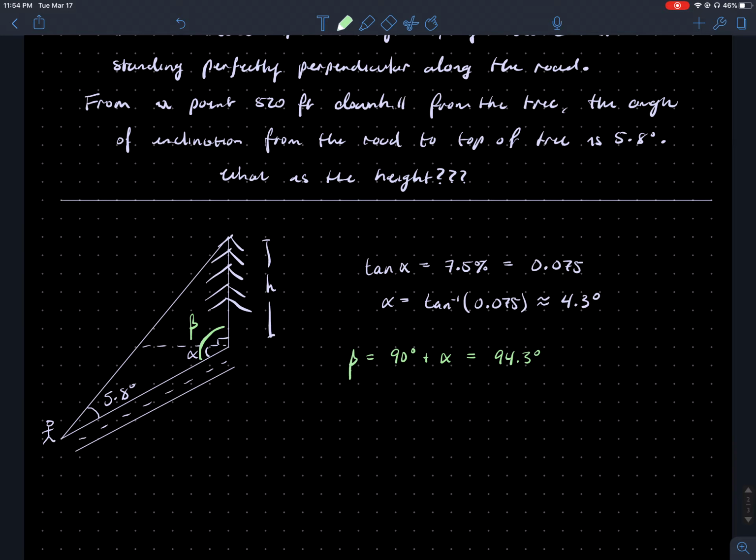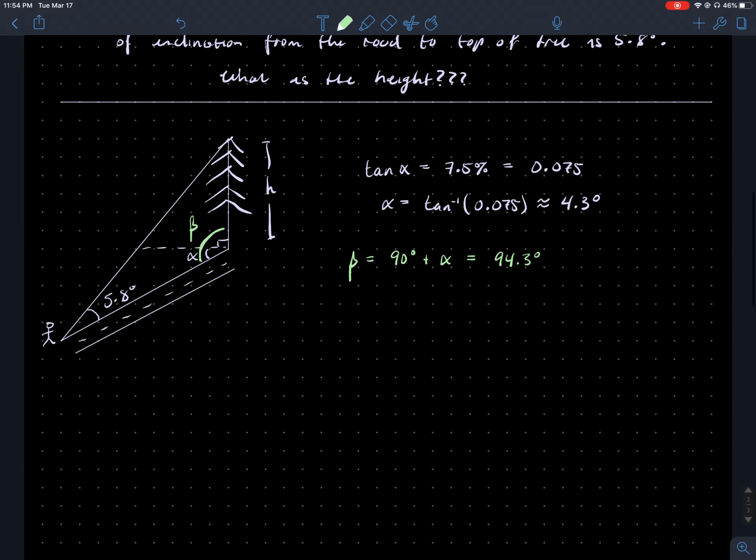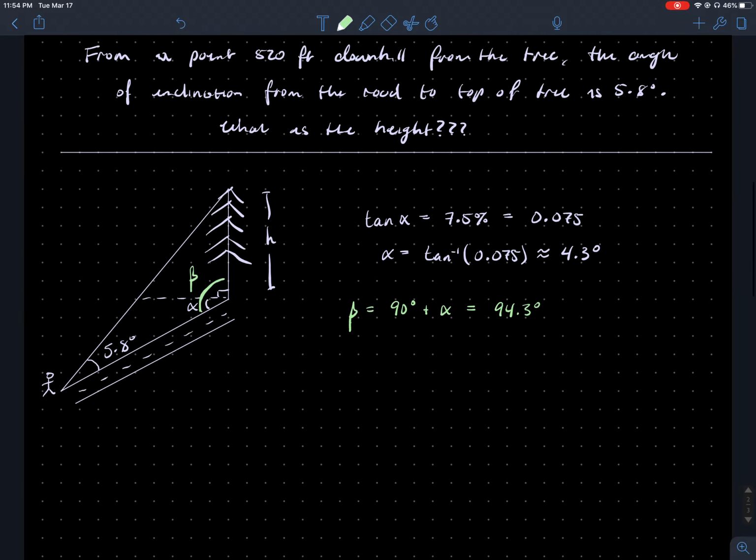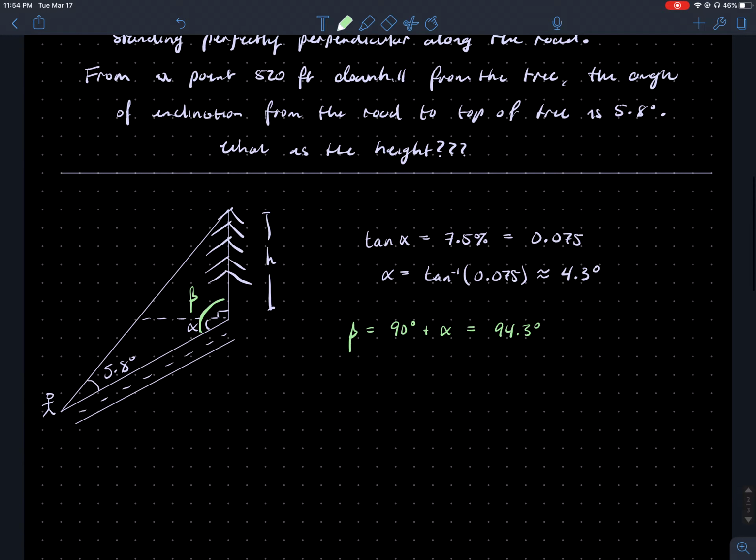Okay. So now we have basically everything that we need to know, right? In order to solve for this, we have two angles and we have what was it? We had from a point downhill the road. So this was 520 feet. Right. And since we have two angles, we should be able to solve for this last angle right here.